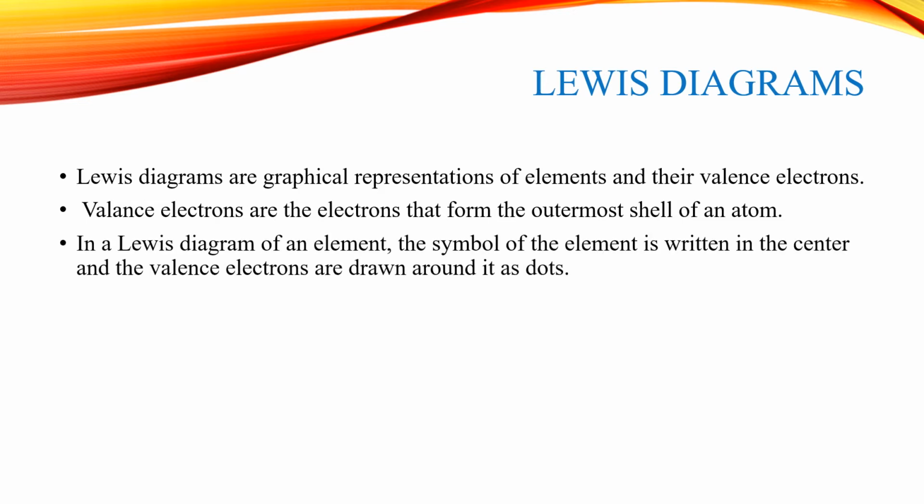In a Lewis diagram of an element, the symbol of the element is written in the center, right? And the valence electrons are drawn around it as dots.